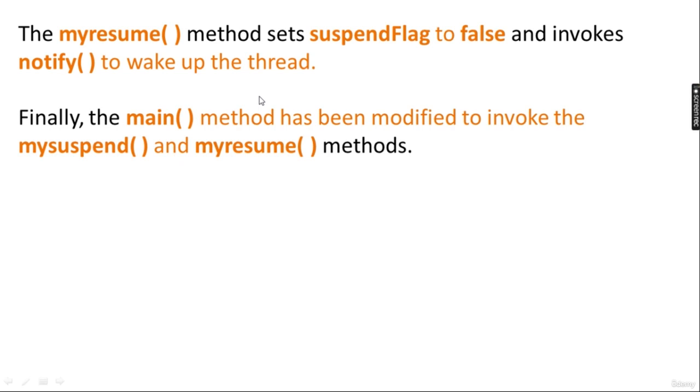The myResume method sets the suspendFlag to false and invokes notify to wake up the thread. Finally, the main method has been modified to invoke the mySuspend and myResume methods. So there is one slight change that we should understand.